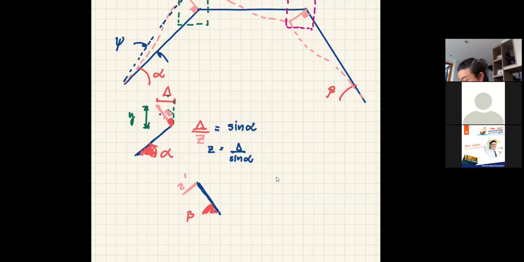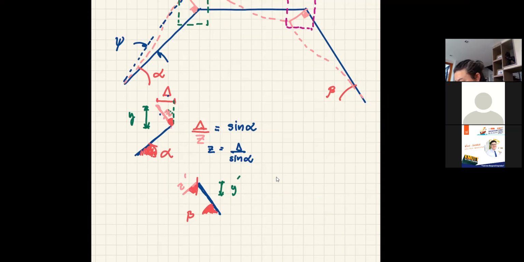And let's say I can call this one Y prime. Again, if that is my beta, this is my beta, correct?